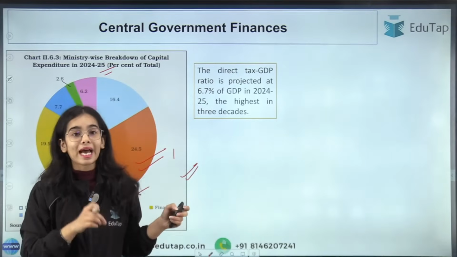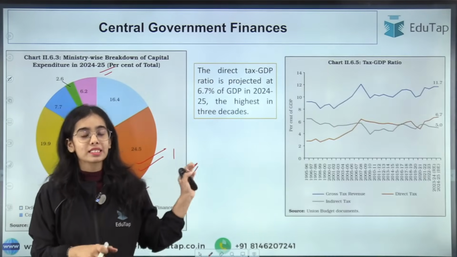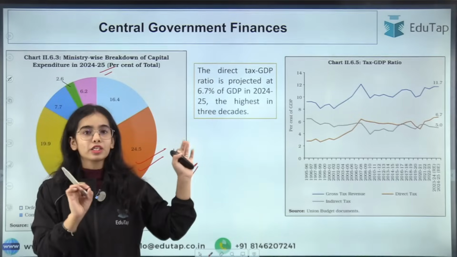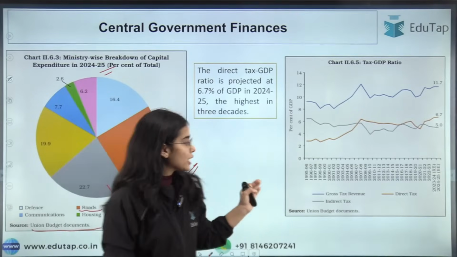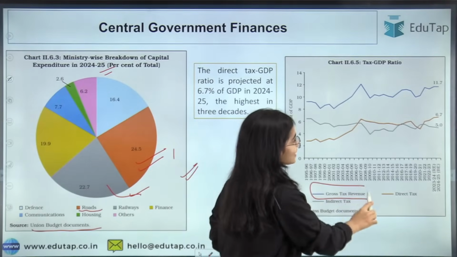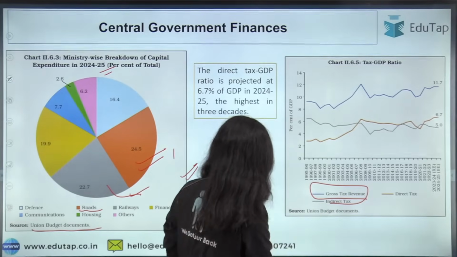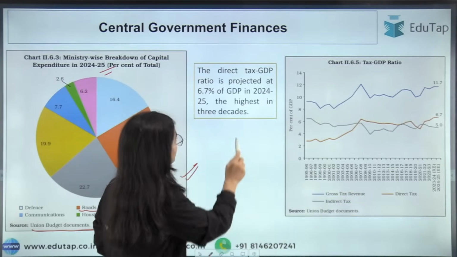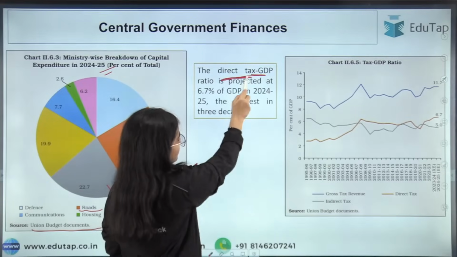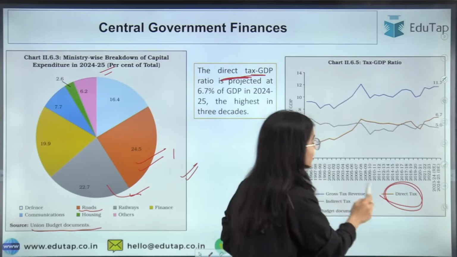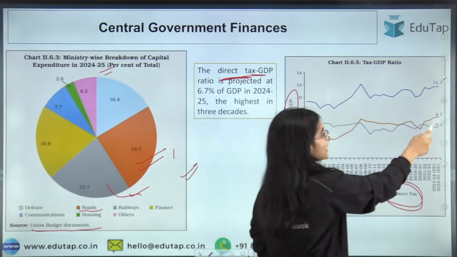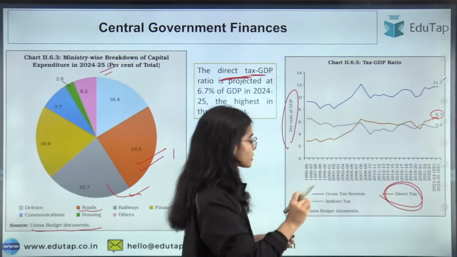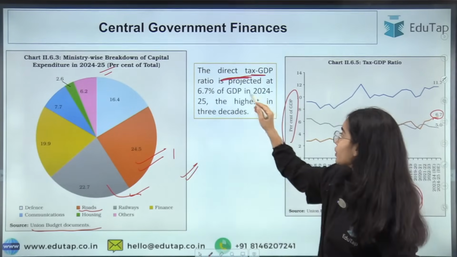Okay. Next, the direct tax GDP ratio is projected at 6.7% of the GDP in 2024-25, or we can say the gross tax revenue, sorry, not gross, but here we are talking about the direct tax. So direct tax revenue as a percentage of GDP will be 6.7% in 2024-25.